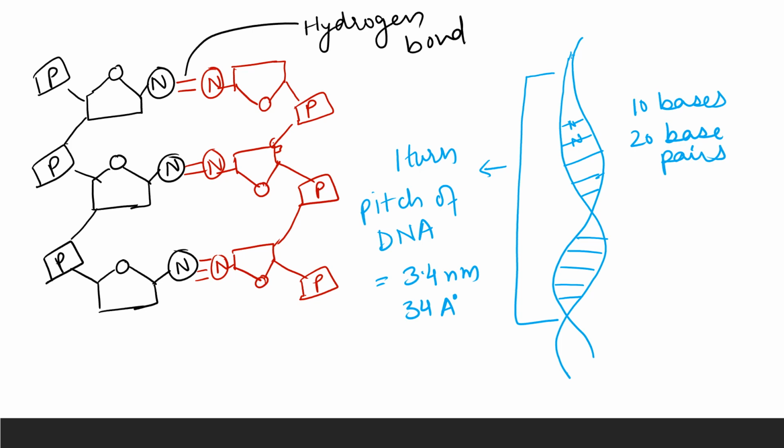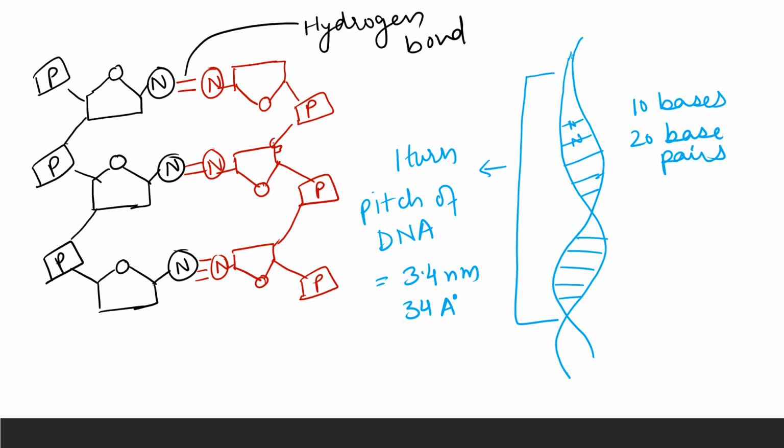Now we just said that there is a turn of 360 degrees. Now they may ask what is the angle between two base pairs. This is very simple. How many bases do we have? We have 10 bases.